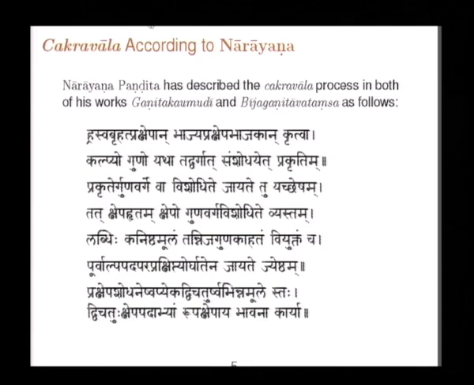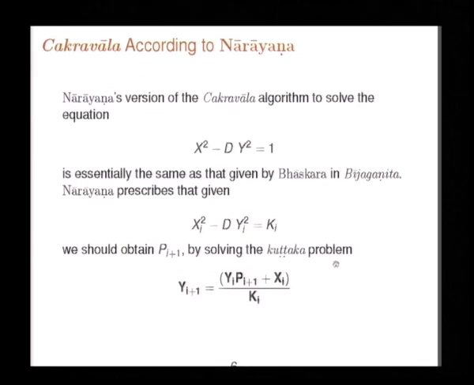His description of Chakravala is more or less similar to what Bhaskara has said, but he leaves the issue whether p_{i+1} squared should be greater than d or less than d in a more ambiguous manner in the statement of Chakravala. So, again we want to solve the equation x squared minus d y squared equals 1.